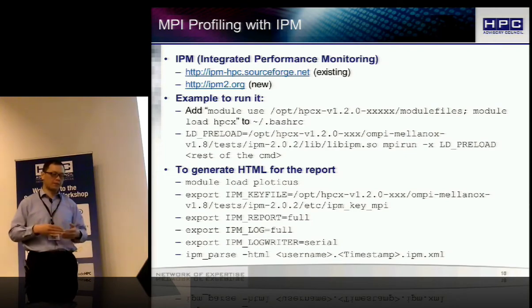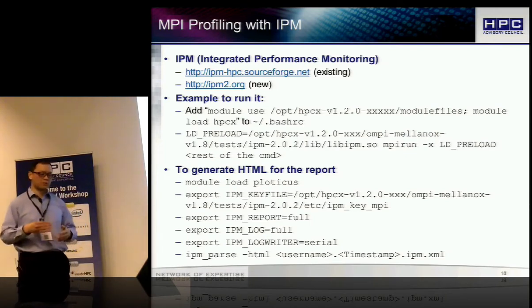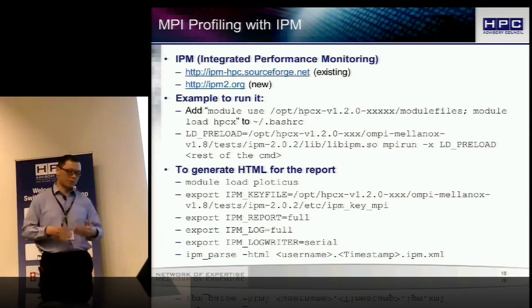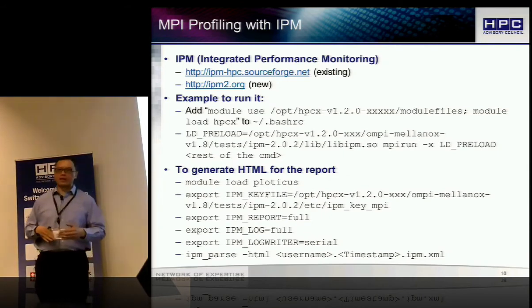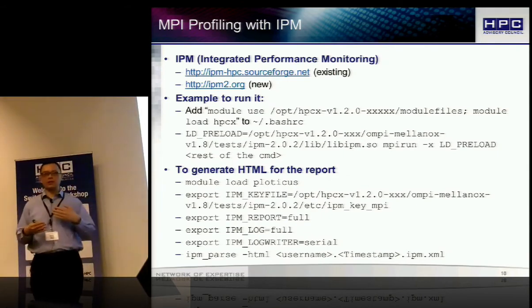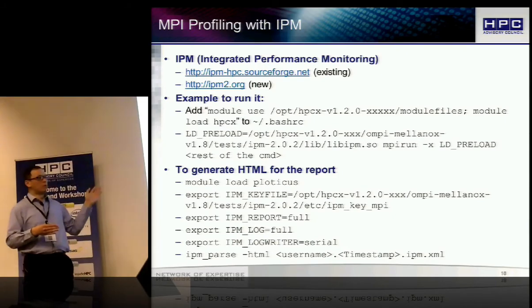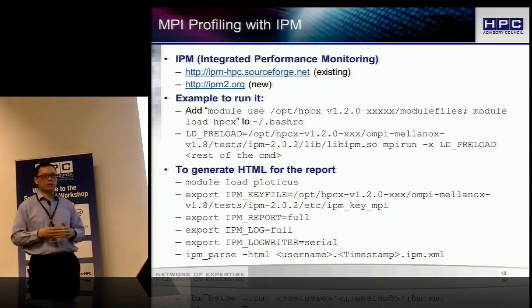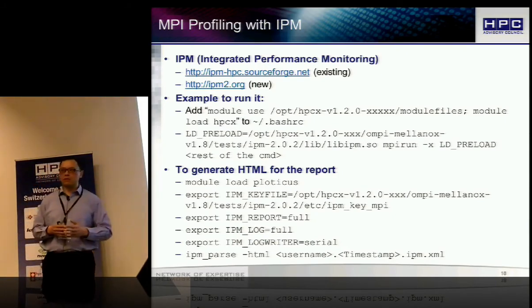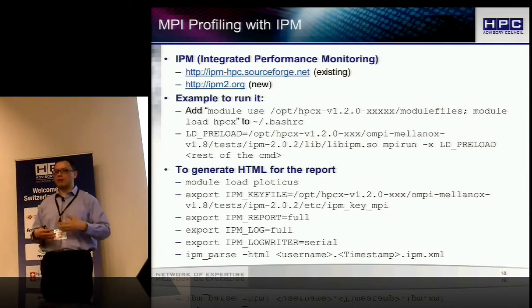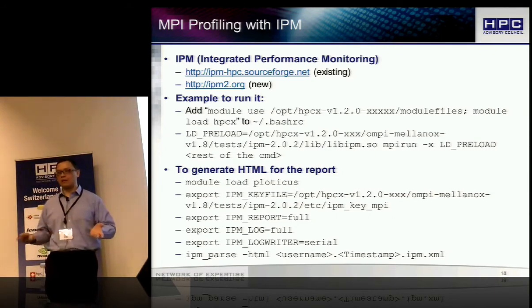It's not something you build once and it just works. But the good thing is, if I want to get a profile for, let's say, ISV code, I don't have the luxury of recompiling the code with a profiler because I don't have the code.